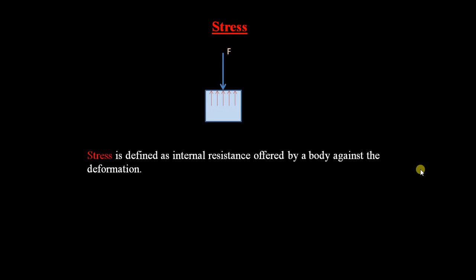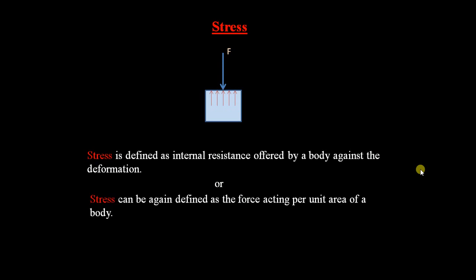There is another form of the definition: it is the force acting per unit area of the body. Here the force means the external force we are applying over the body, and that force per unit area of the body is called stress.